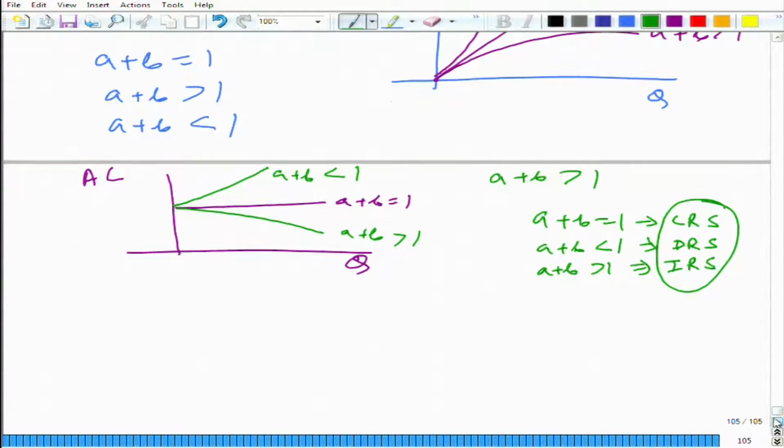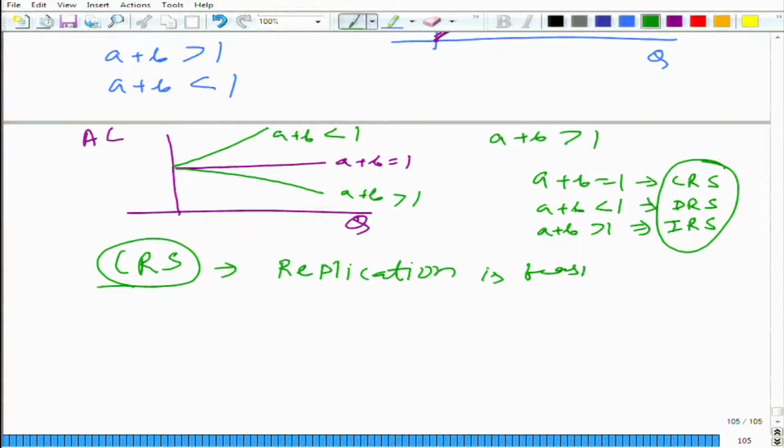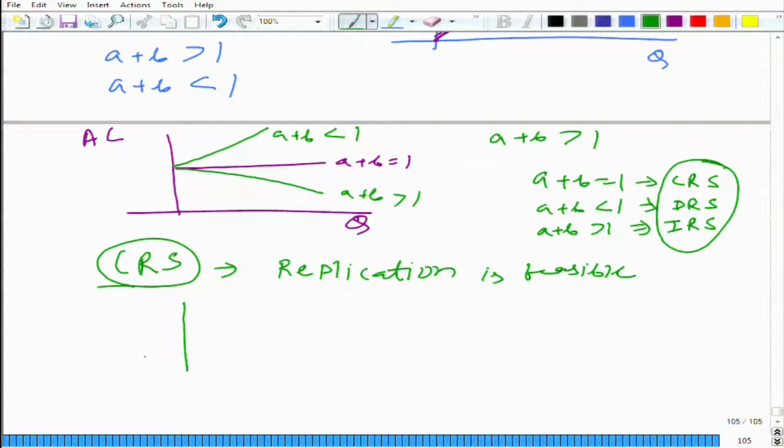Let us go with the logic. What did we say when we were talking about constant returns to scale? Replication is feasible. Exact replication. So, now you have a production technology, and let us say its isoquant looks like this.